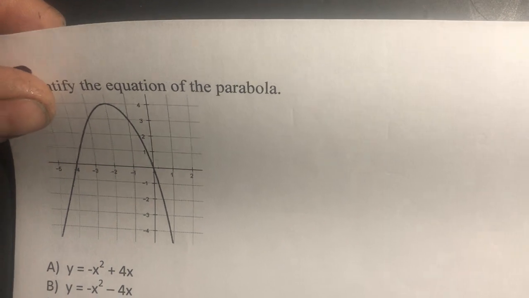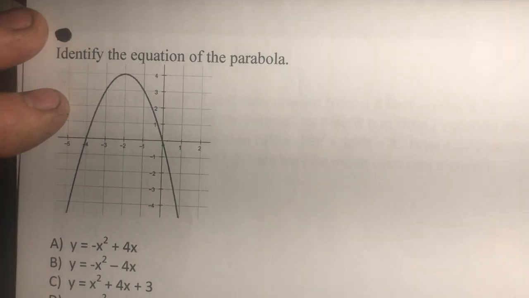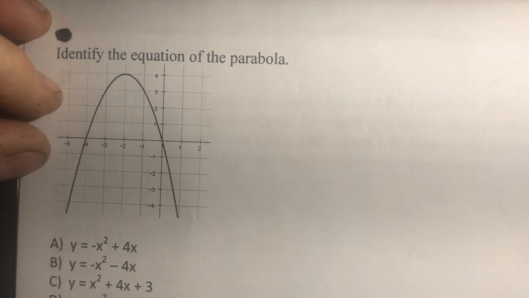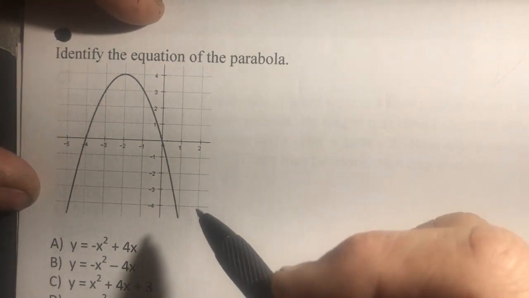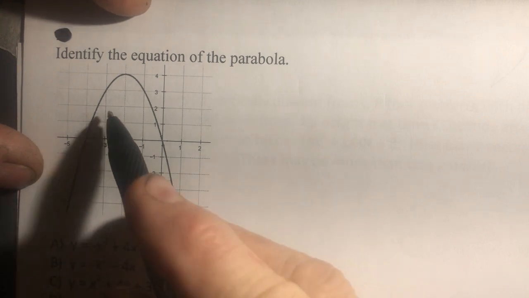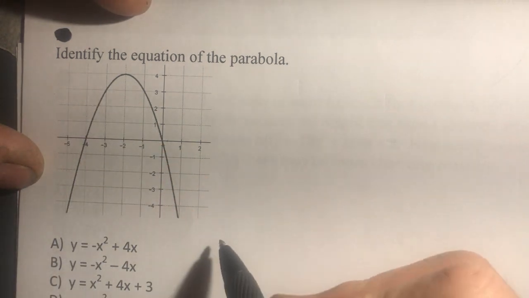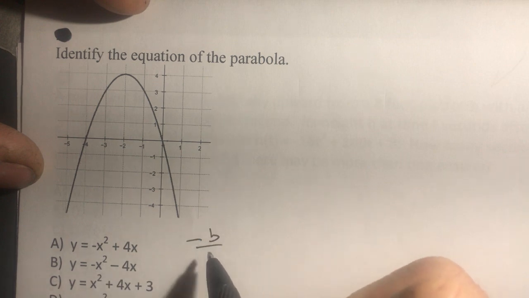All right, on this one here, identify the equation of the parabola. Well, let's see here. What we can do is find the axis of symmetry, which is negative 2. Negative b over 2a.